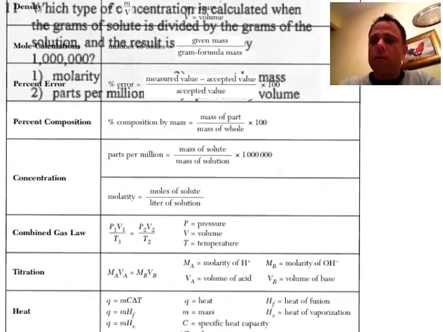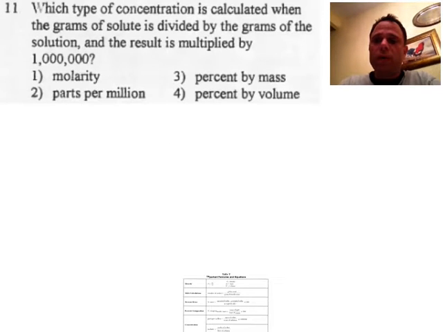There we go. Now we can look at table T. Concentration. The mass of the solute divided by the mass of the entire solution multiplied by 1,000,000, parts per million.